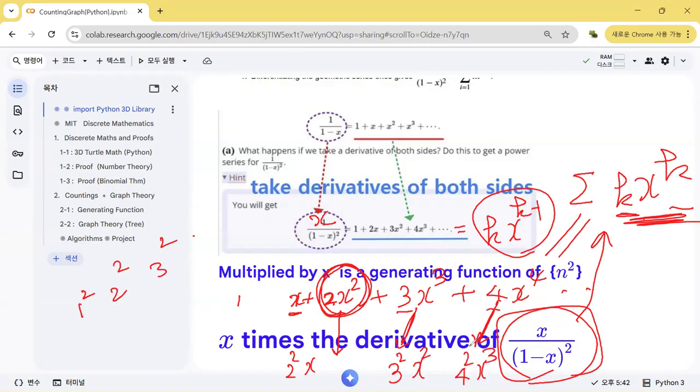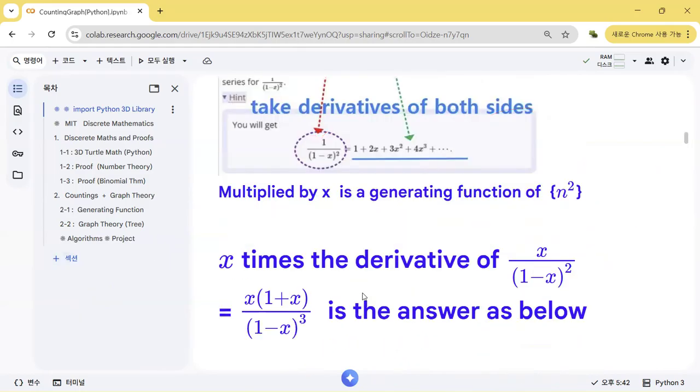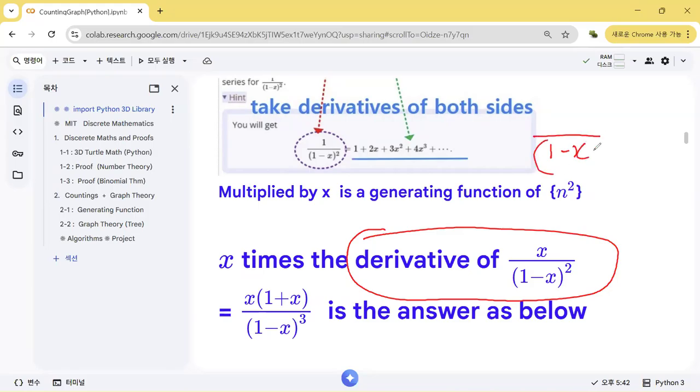So now we get a kind of hint: just take the derivative of this one and then x times the derivative. Find the derivative of this one first. And then what do you have? 1 minus x squared times x.